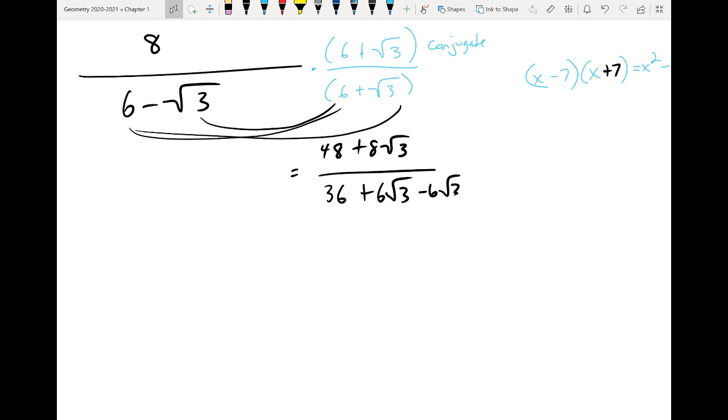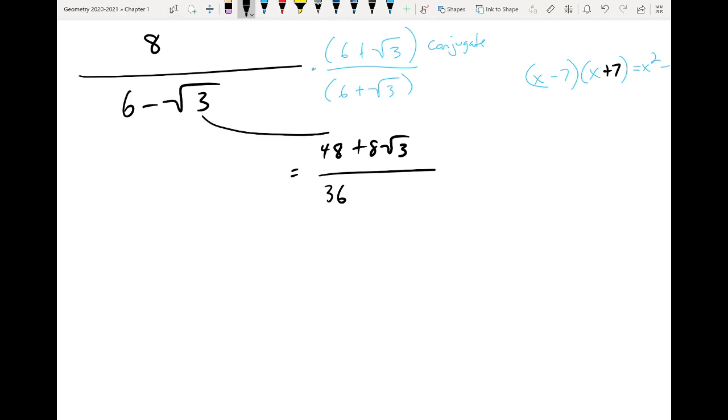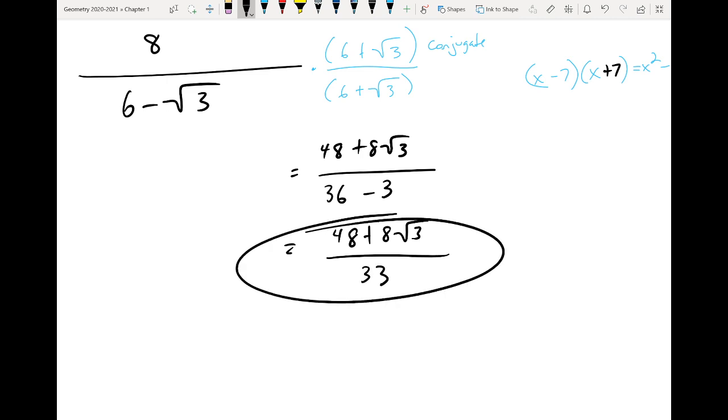Negative rad 3 times 6 is negative 6 rad 3. But guys, remember, that's just going to cancel. And of course, the last when we FOIL, right? Negative rad 3 times rad 3, which is minus 3. Right? Negative times a positive. And then we have rad 3 times rad 3, which is just 3. Check it out. 48 plus 8 rad 3 all over 36 minus 3 is 33. That's your answer.